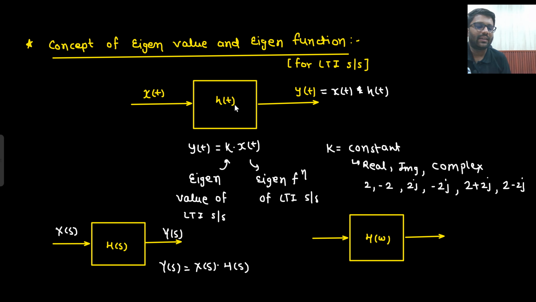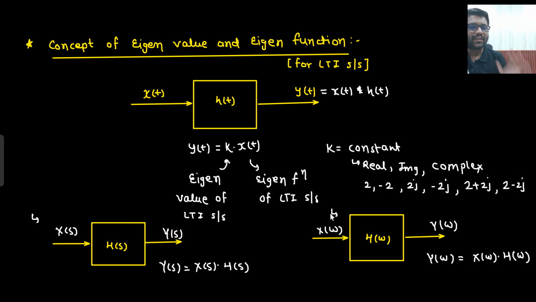And if I define h(t) in the omega domain, this is H(omega). The input is X(omega) and the output is Y(omega), so Y(omega) is defined as X(omega) times H(omega). Convolution in the time domain becomes multiplication in the frequency domain and in the s domain. This you already know; this was just a basic revision.